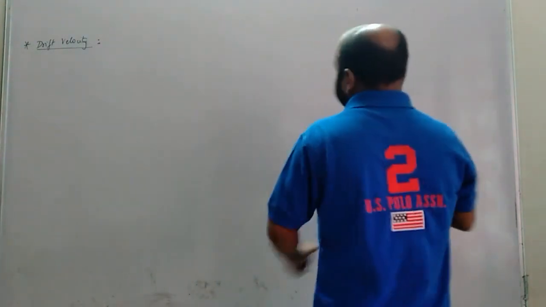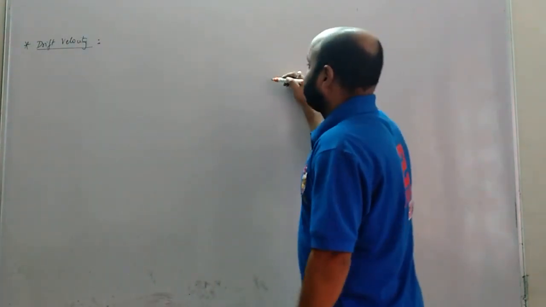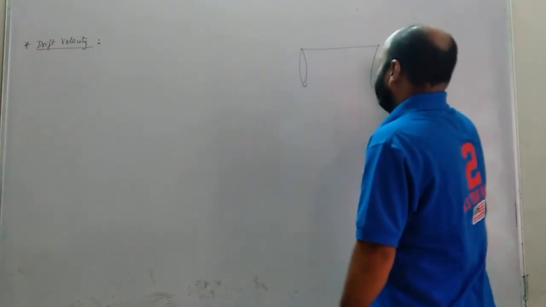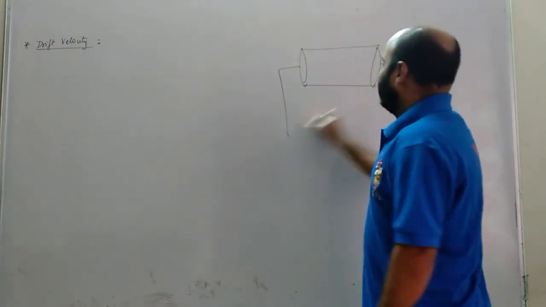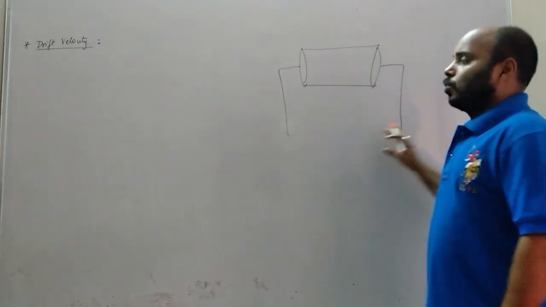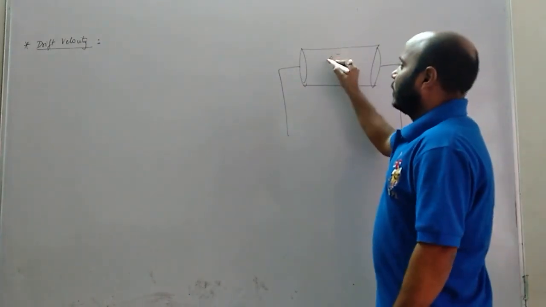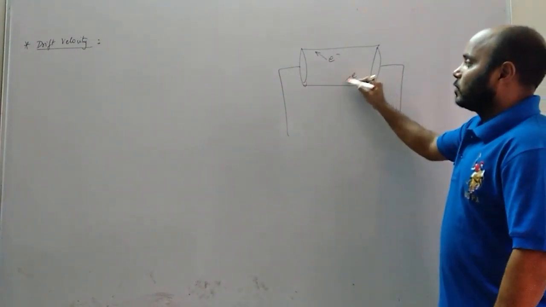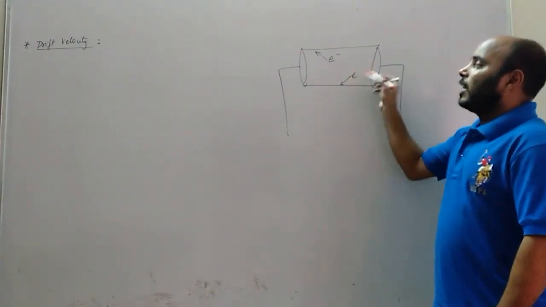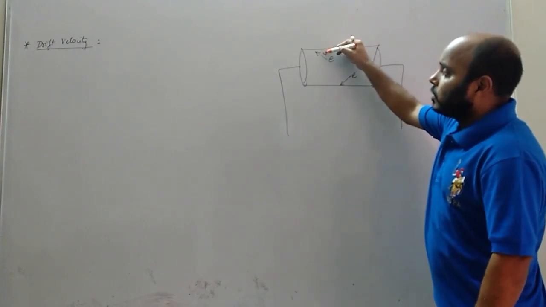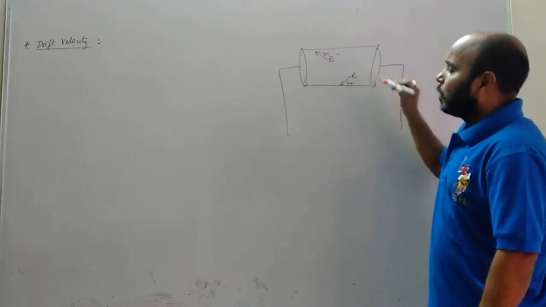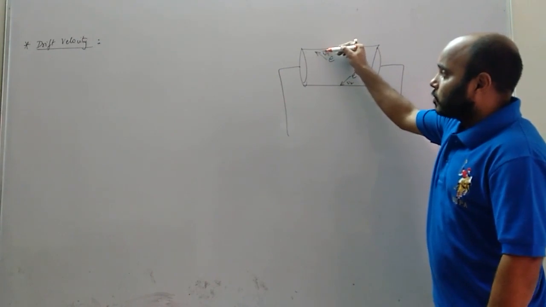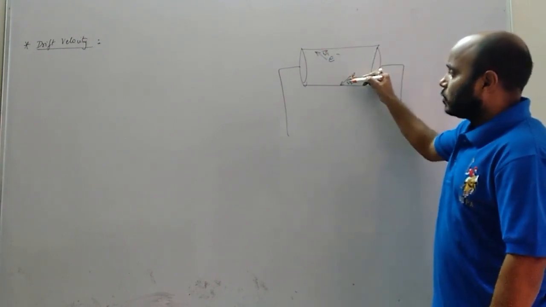Now see, this is a conductor. What I have studied earlier: if there is no source connected, the electrons are randomly moving like this. For example, this is an electron, moving in this direction. These are randomly moving with thermal velocities. For example, this has a thermal velocity u1 vector, this has a thermal velocity u2 vector.